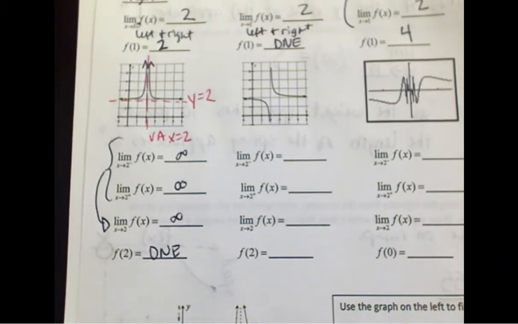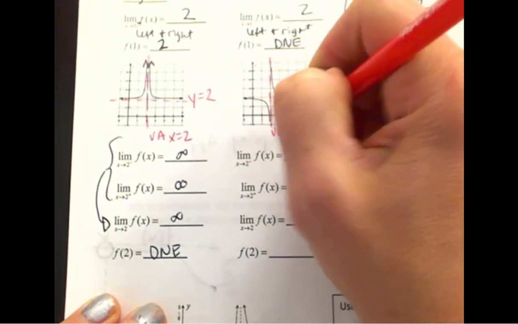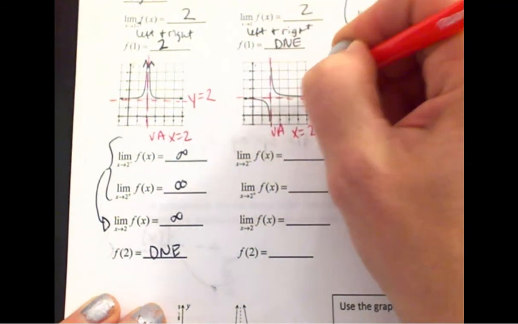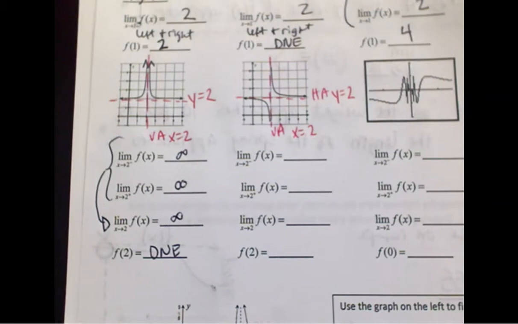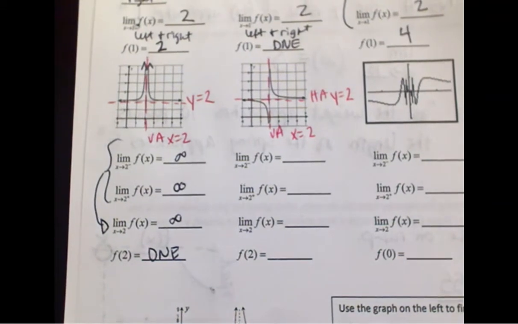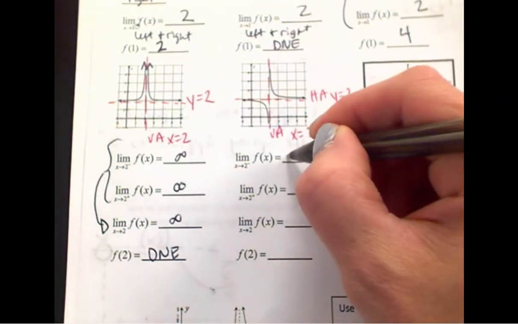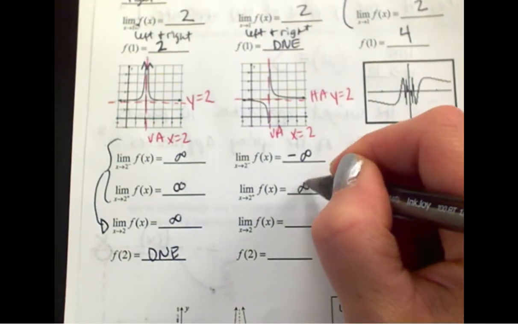You have asymptotes. Right here, you have a vertical at x equals positive 2. You have a horizontal asymptote at y equals 2. Okay. First one. 2 from the left is negative infinity. Okay. 2 from the right, positive infinity.